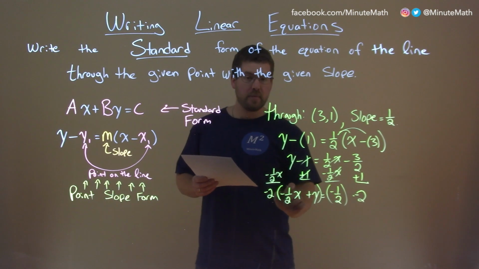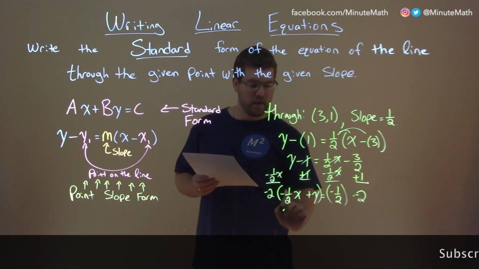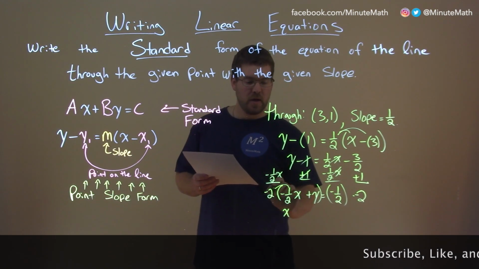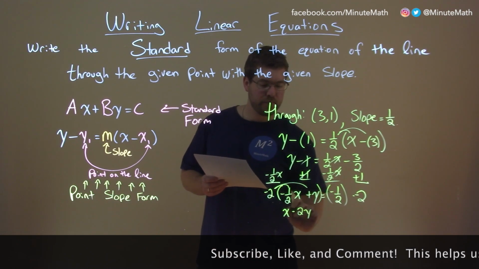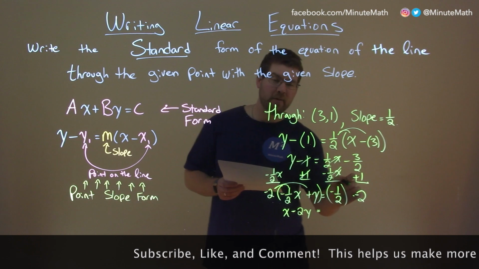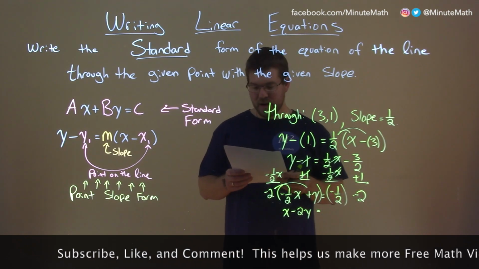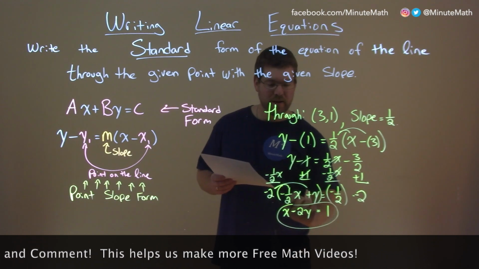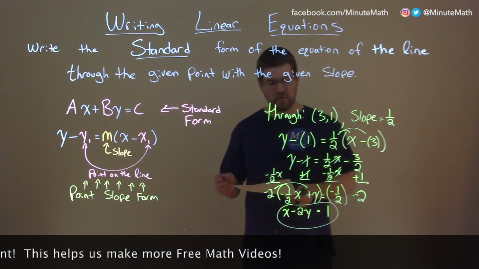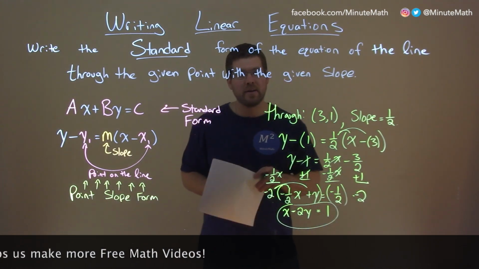So negative 2 times negative 1/2 is a positive 1, so we can just write x here. Distribute the negative 2 to the y, and we have minus 2y. Over here, negative 1/2 times negative 2 is a positive 1. And now our answer is in standard form, nice and neatly. x minus 2y equals 1, and that is our final answer.